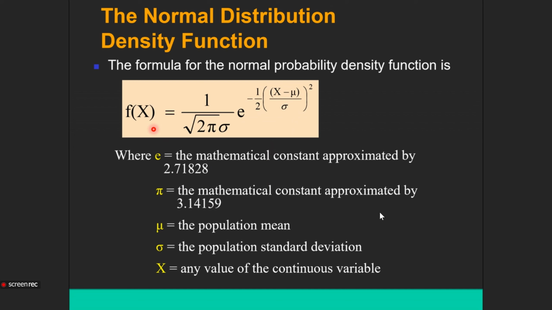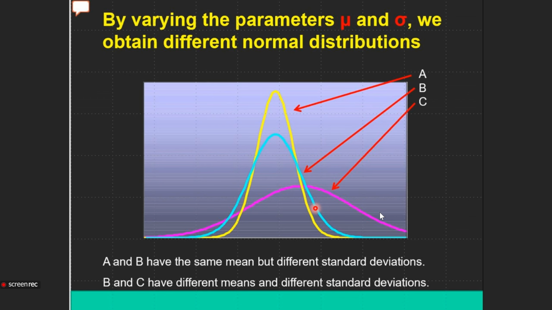But it's important we understand the mathematical expression itself. The e is a constant, while pi is also a mathematical constant. And again, we have our mean, which is the population mean, and then we have the standard deviation of our population, and x is any value of the continuous variable.